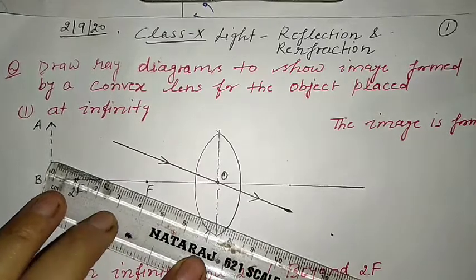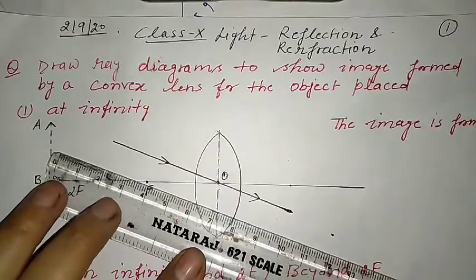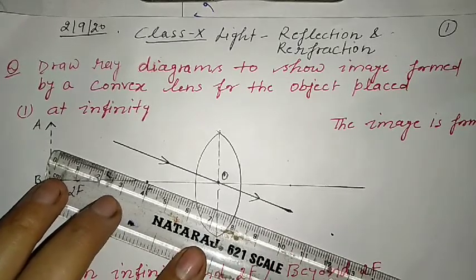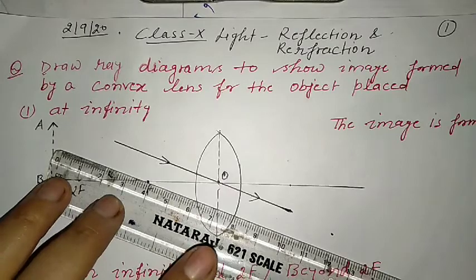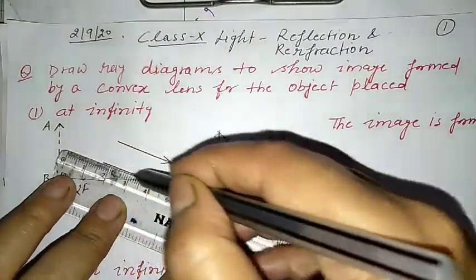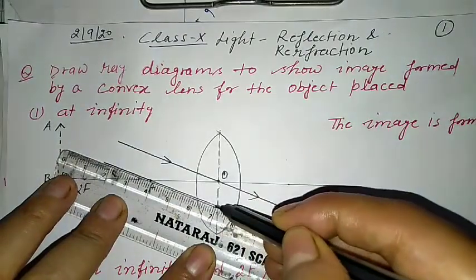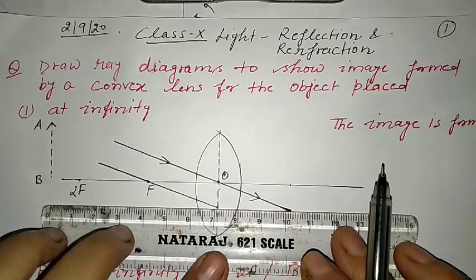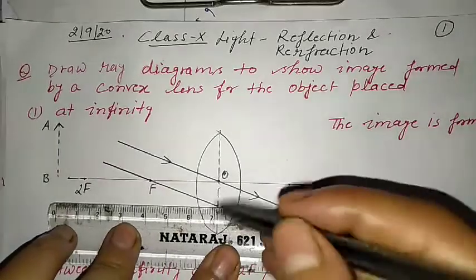It will go straight. And the second ray, just like we discussed in the last video, is the converse of the first rule: when the ray passes through the focus, this is the focus, after refraction it becomes parallel to the principal axis.